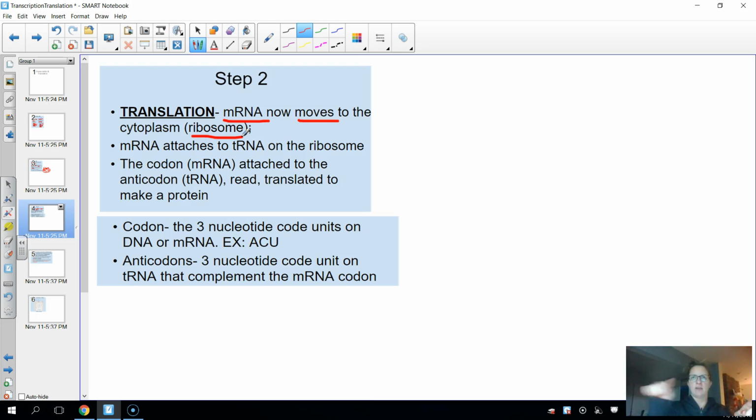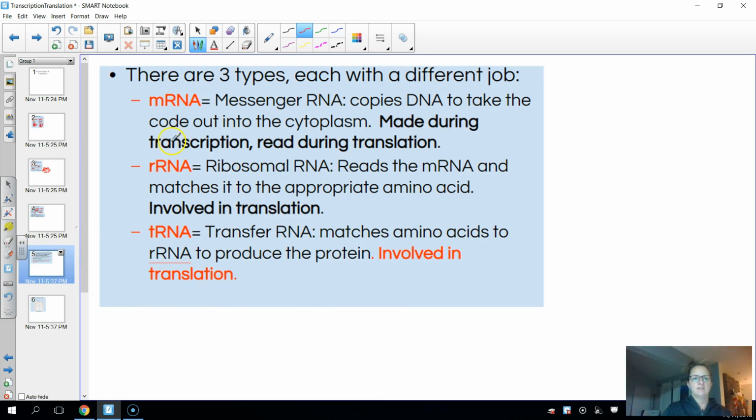So the mRNA travels to the ribosome and attaches to it, and there's another RNA there called tRNA. tRNA helps to translate this information into a protein. When it goes to the ribosome, it is also going to another kind of RNA called rRNA. This next slide goes over all the different kinds.